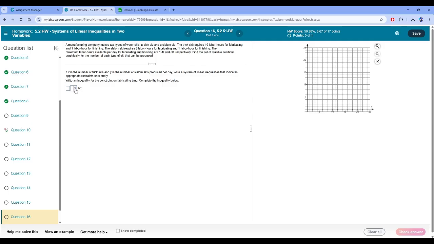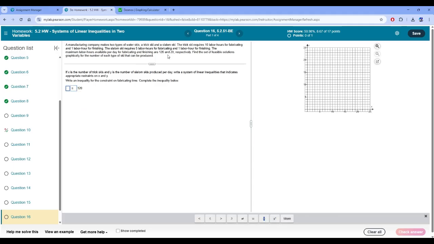So let's say this is going to be 120. So this is going to be less than or equal to, it's going to be 10x plus 1y less than 120. Are we going to use x and y?